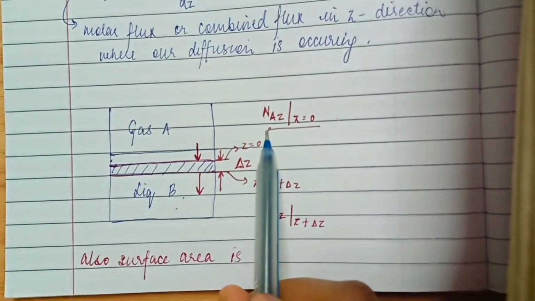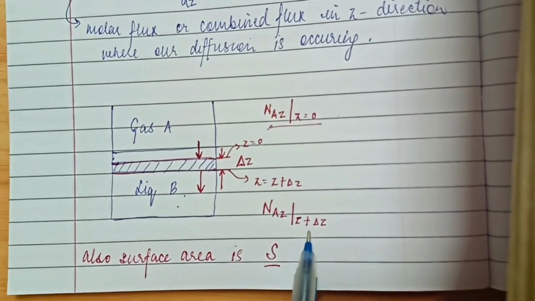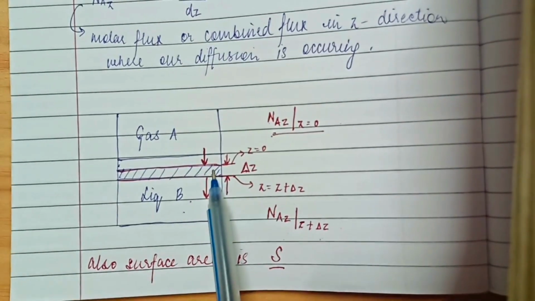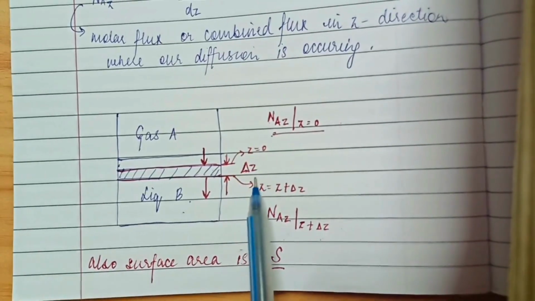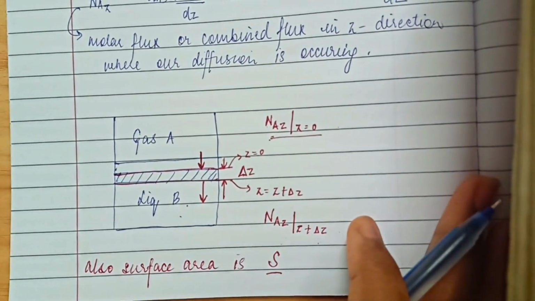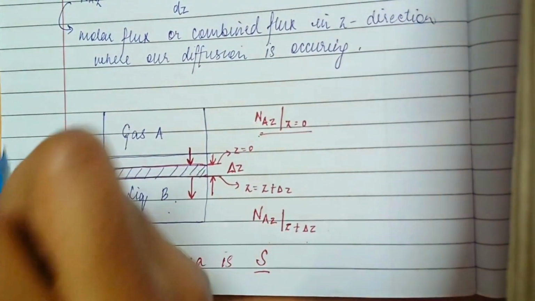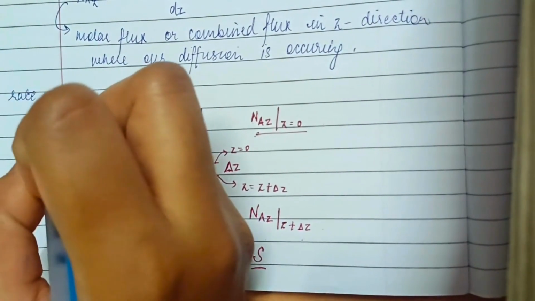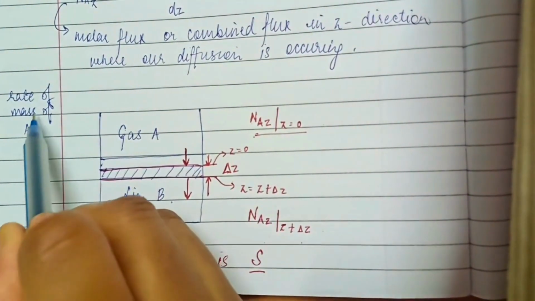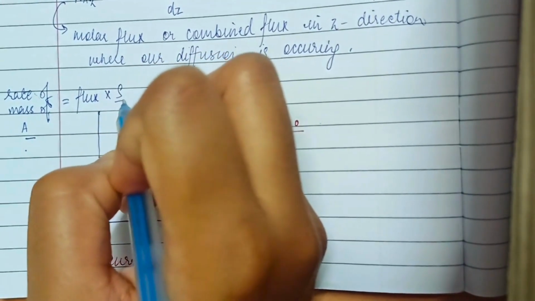So, as we saw earlier, NAZ at Z is equal to 0 and NAZ at Z plus delta Z are nothing but fluxes that are coming in and going out of the shell of infinitesimally small thickness delta Z. But as we have seen in the shell mass balance equation, we need to get the terms of rate of mass of A that is coming in and going out.